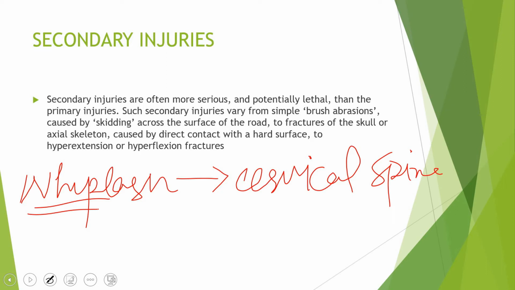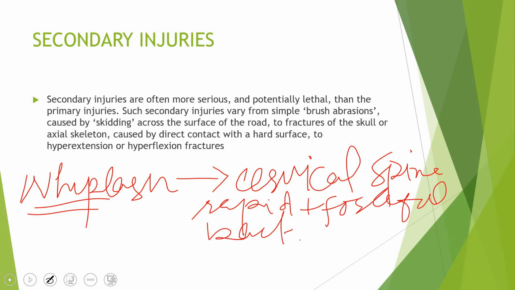What movement is considered moving like a whip? Rapid, forceful back and forth movement of the neck can result in injury to the cervical spine, which is known as whiplash injury.